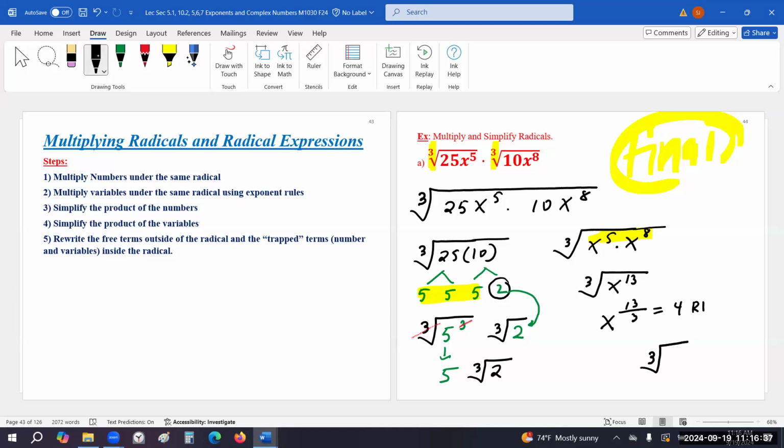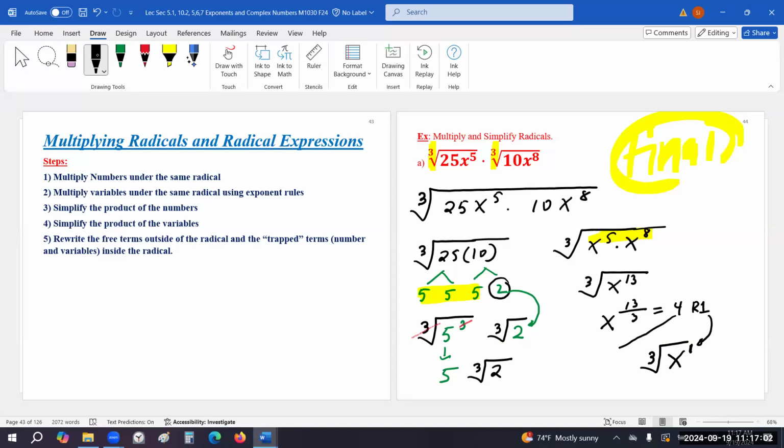R means remainder, and this is 1. So we have 4 free and 1 remainder means not free. Since 1 is not free, we put this 1 inside our parentheses, inside our radical, because it's not free. It's remainder. Remainder is always extra.